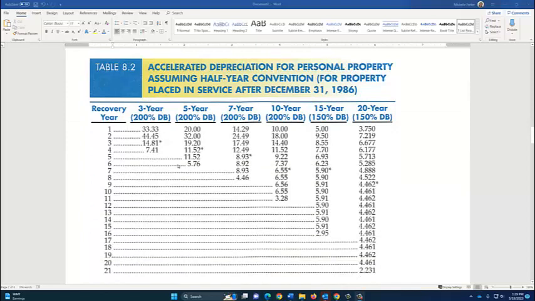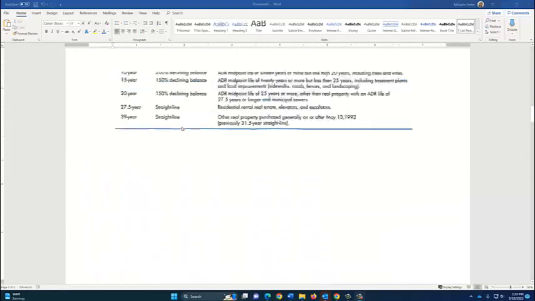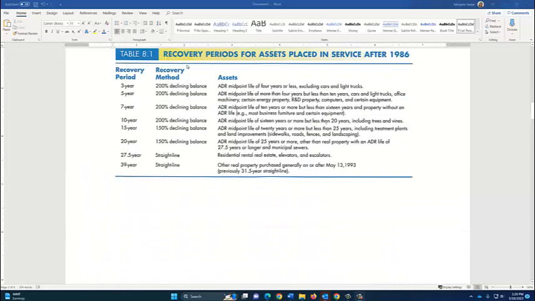So this is our half-year convention table for personal property. So if we are depreciating an automobile, a computer, a piece of equipment, furniture and fixtures, we're going to come to this table and we're going to find the correct useful life. We may be given the useful life, or we may have to come to this chart to find it.